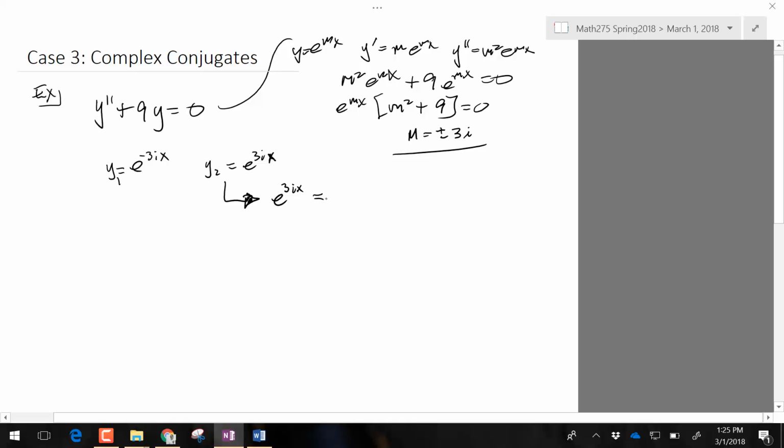And according to Euler, this is cosine 3x plus i sine 3x. Right? Euler?